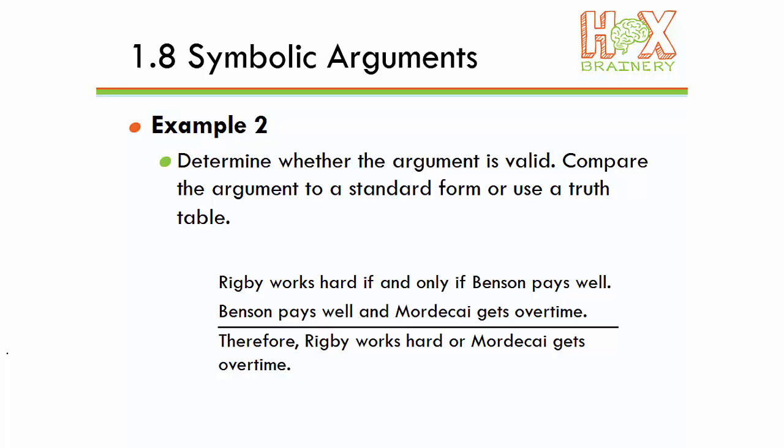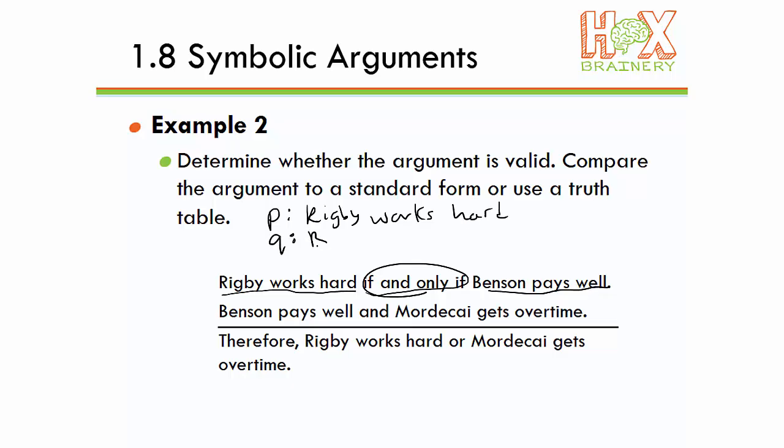Example 2, determine whether the argument is valid. Compare the argument to a standard form or use a truth table. So we have our first premise says Rigby works hard if and only if Benson pays well. Okay, so P can be Rigby works hard, and Q can be Benson pays well.